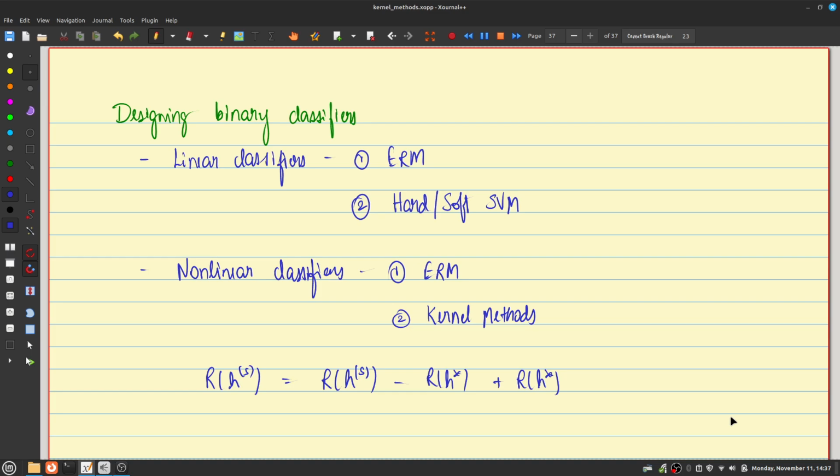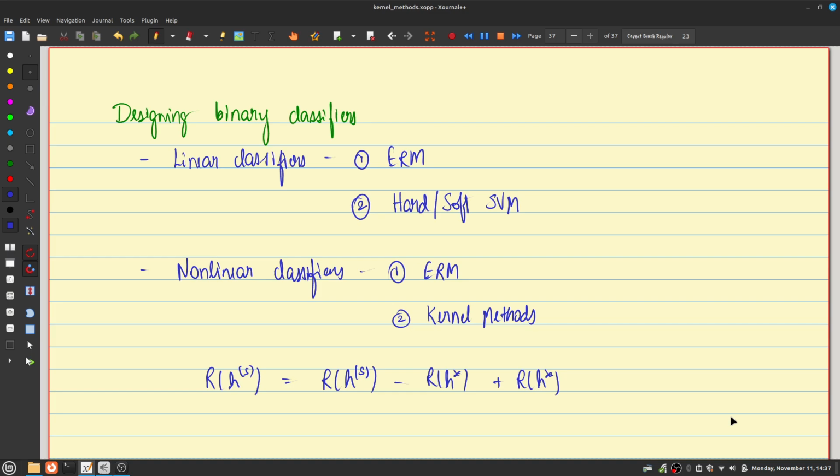And the hard SVM algorithm, if the data is linearly separable, basically boils down to ERM, right? Again, when I say ERM, I mean with respect to the 0-1 loss. That's the loss that we're actually interested in minimizing, right?